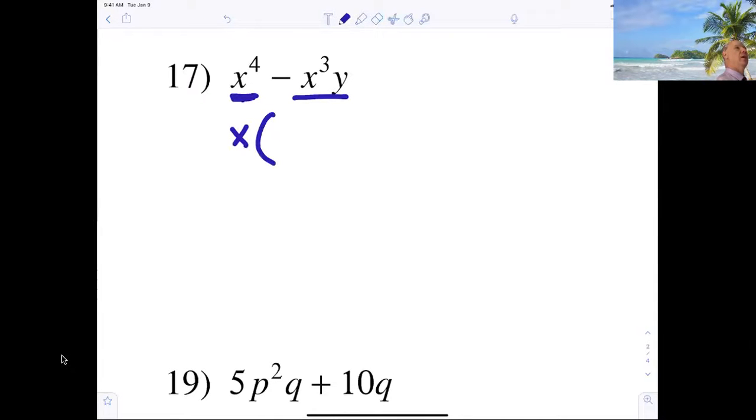How many x's can you take out? 3. Exactly. Take out 3 x's. Now what? Then you do x, good. Minus, don't say it, minus y.